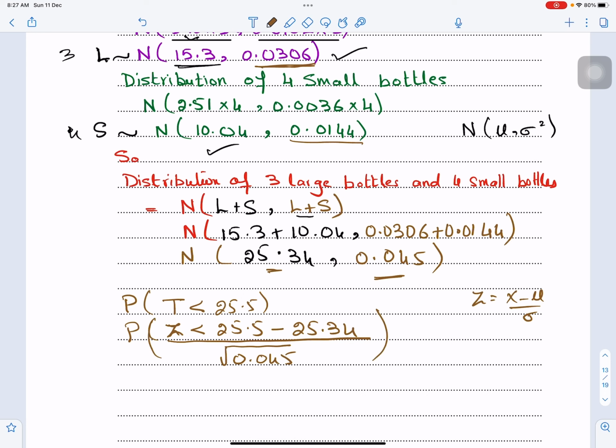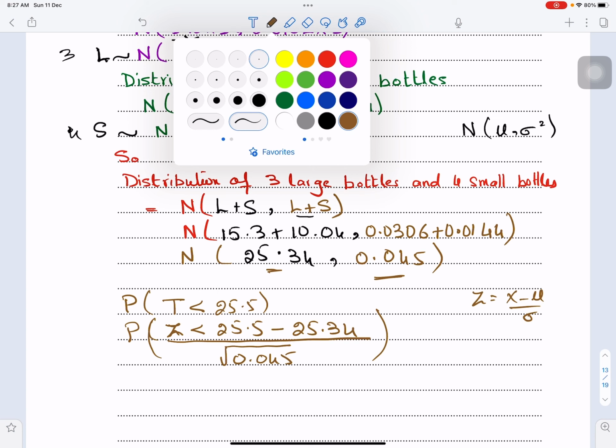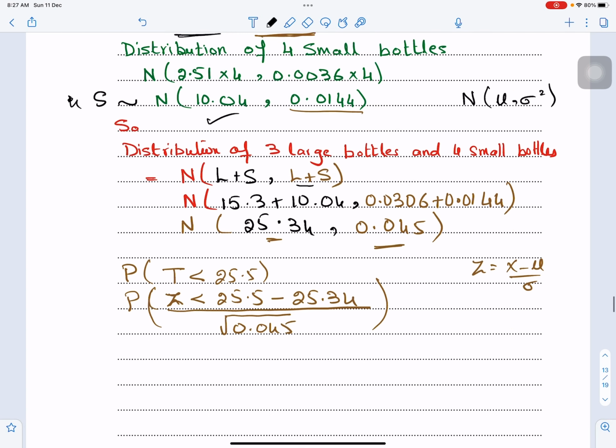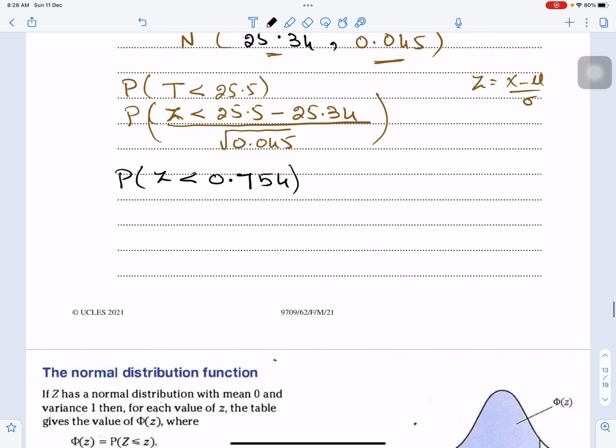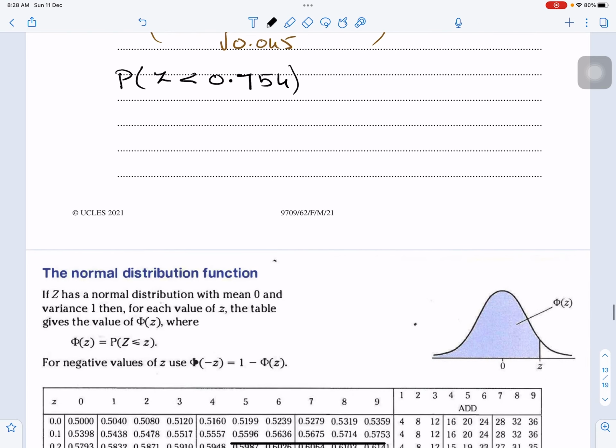If you calculate it, it comes to probability of Z less than 0.754. Okay, now you have to look at the normal distribution table, right? So we will see what the probability is there. I have put the table here. Let's see, 0.754.